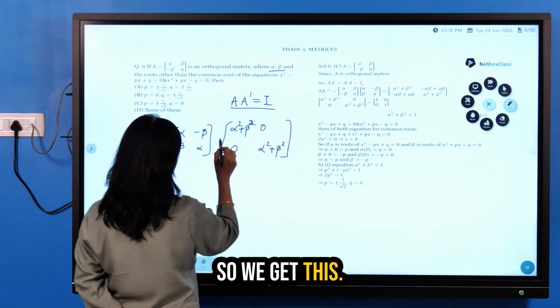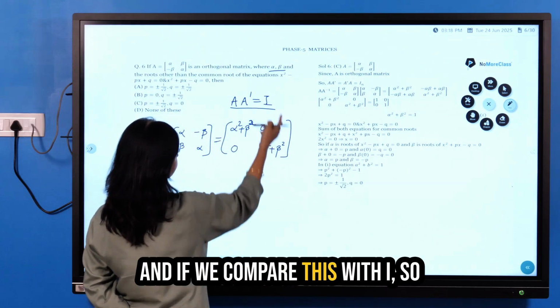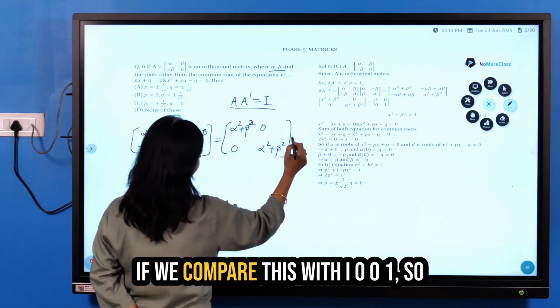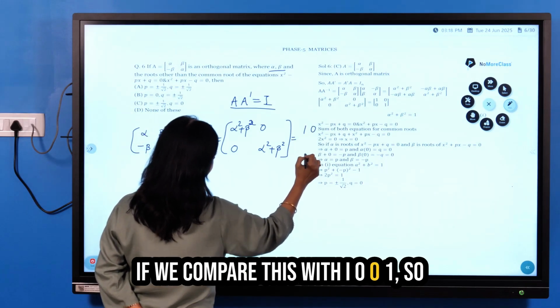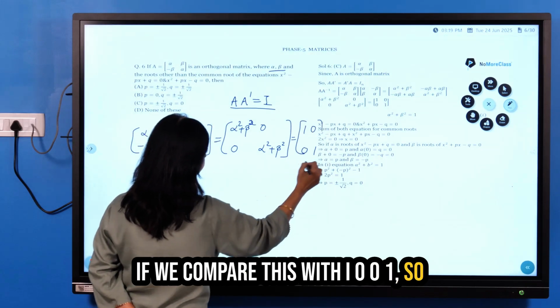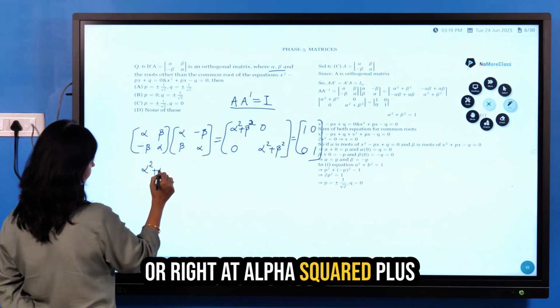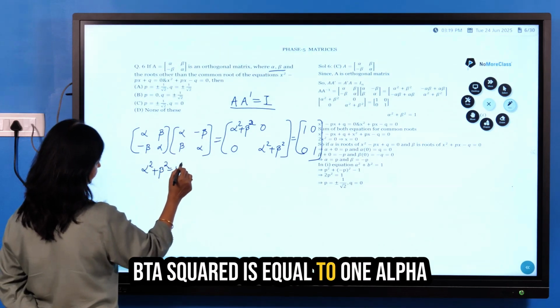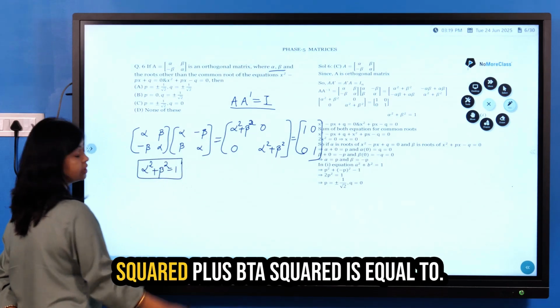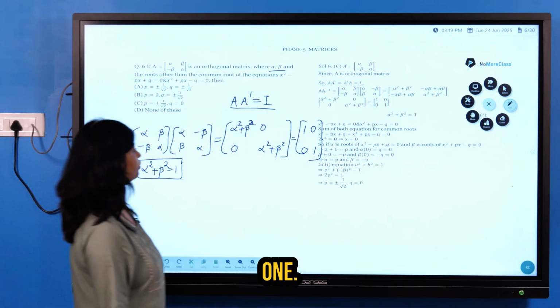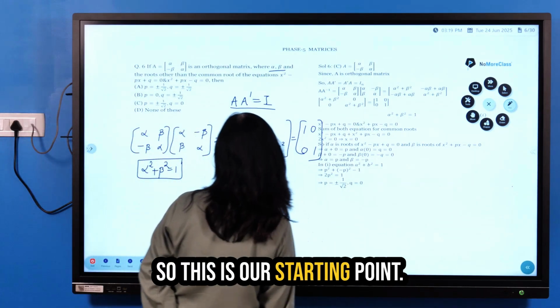And if we compare this with I, which is 1, 0, 0, 1, from here we can safely write that alpha squared plus beta squared is equal to 1. So this is our starting point.